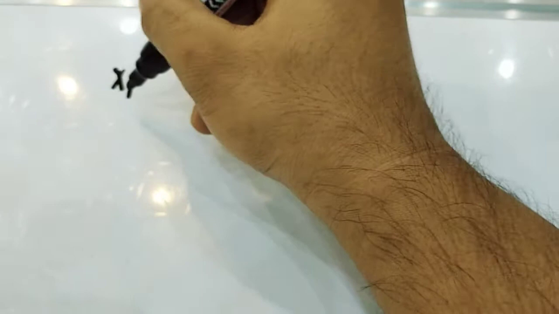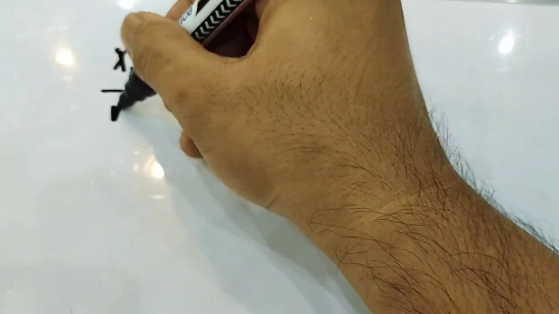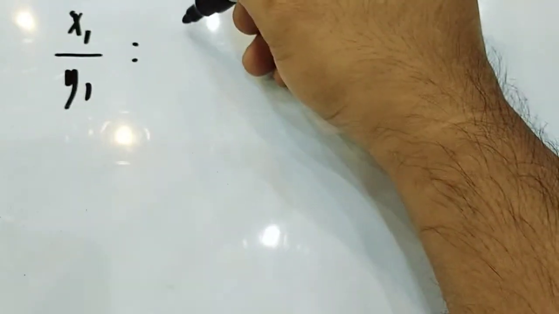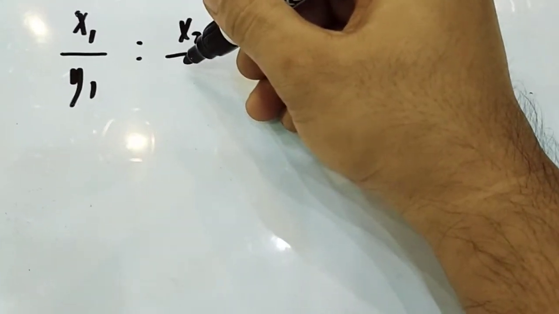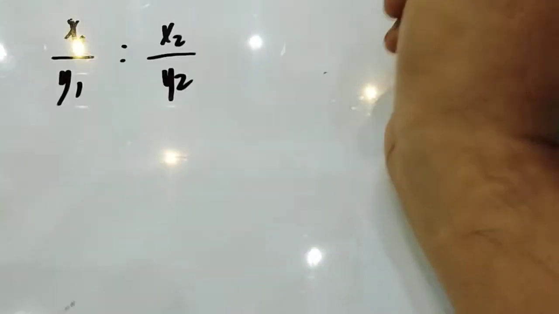So it says here, not a possible pair of corresponding values of x and y. So when we say x is directly proportional, dapat meron tayong, again, x sub 1 over y sub 1 is to x sub 2 over y sub 2. Okay.